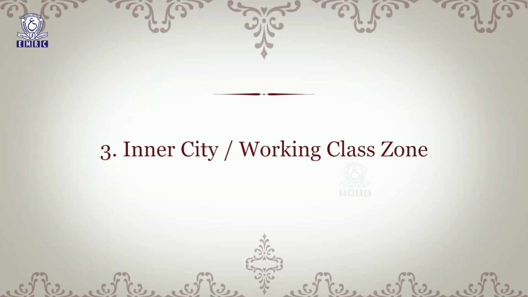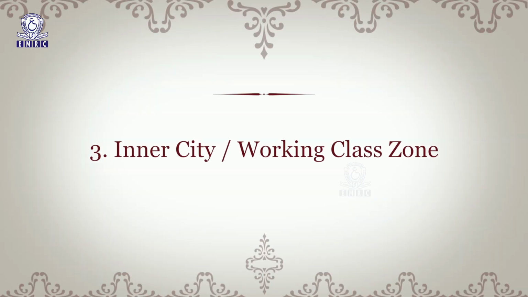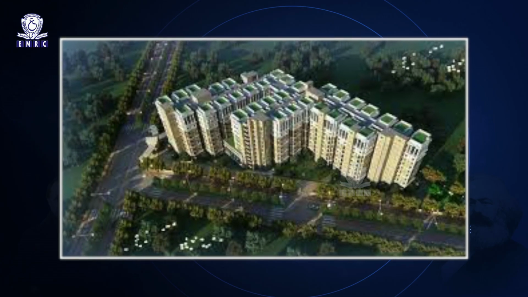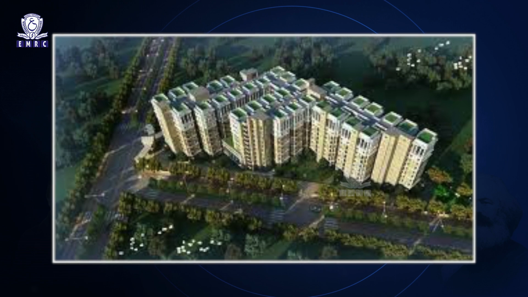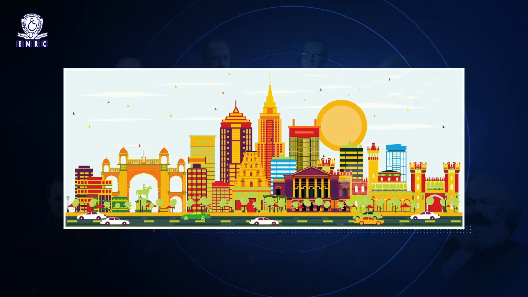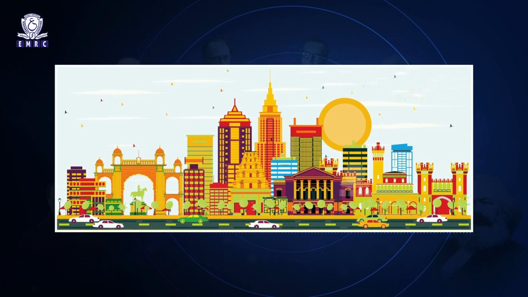Now zone 3, which consists of the inner city and working class zone. This area is occupied for residential purposes and is also known as the inner city or inner suburbs. It consisted of houses built to accommodate factory workers but had better conditions than the transition zone. This area has a mix of new and old development and generally requires orderly redevelopment.